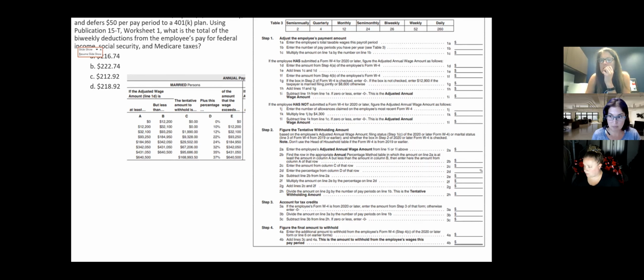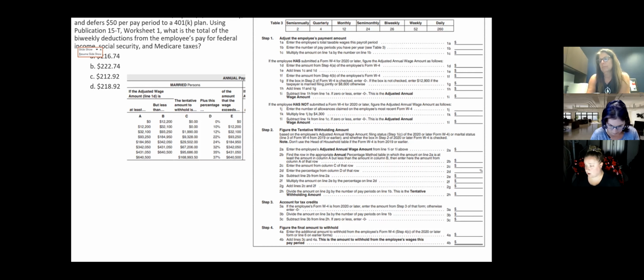Sorry, I have to find it. An employee claims married and 2 withholding allowances on her 2019 Form W-4, is paid $1,700 bi-weekly and defers $50 per pay period to a 401k plan. Use worksheet 1.